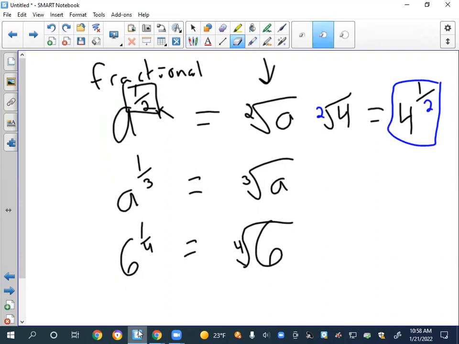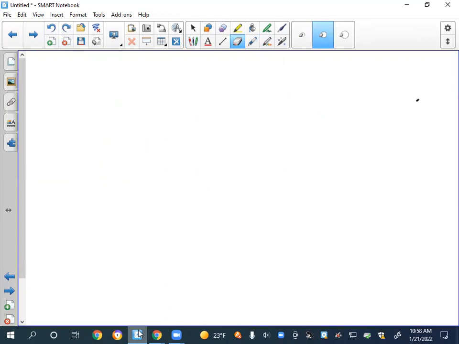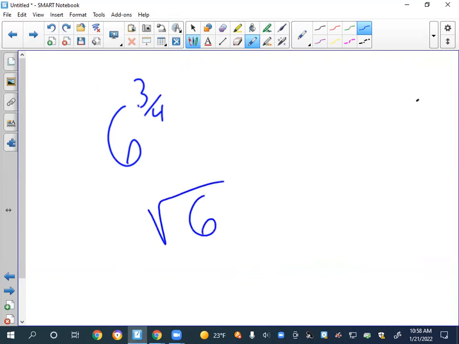So getting a little more fancy, a couple more examples right here. Make sure you write these down. Let's go 6 to the 3/4. There's no 1 up top anymore, right? Same thing, let's follow your rules. It's 6. The root's going to be what? 4.